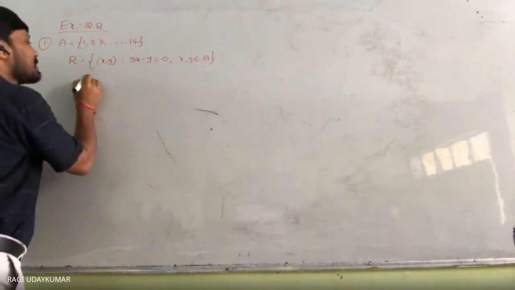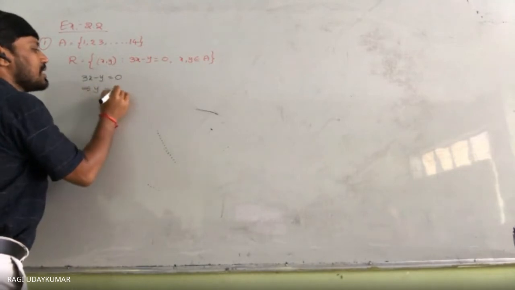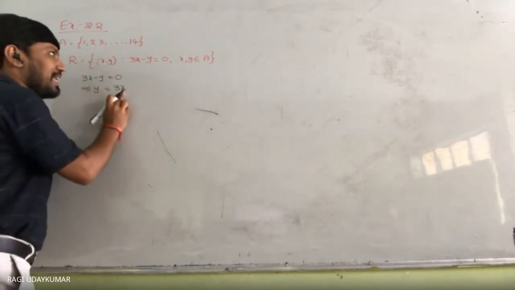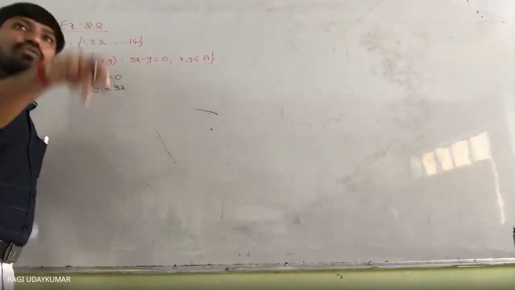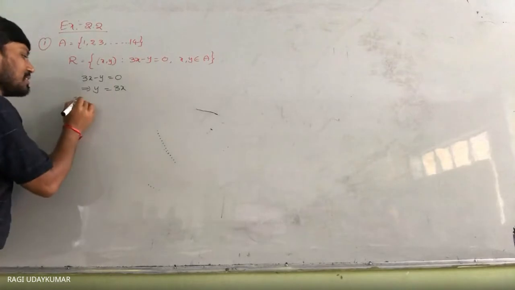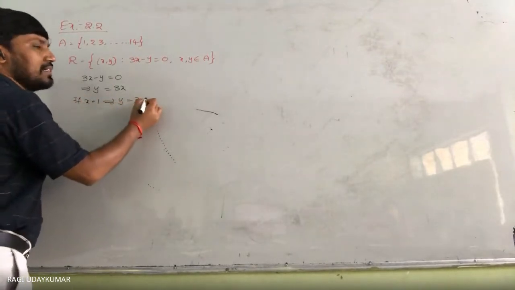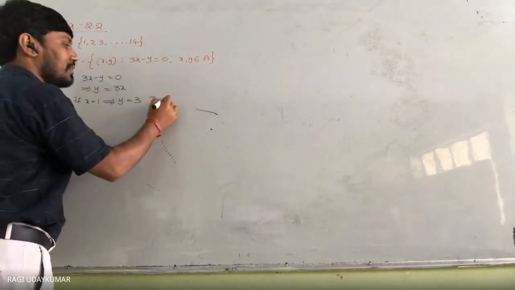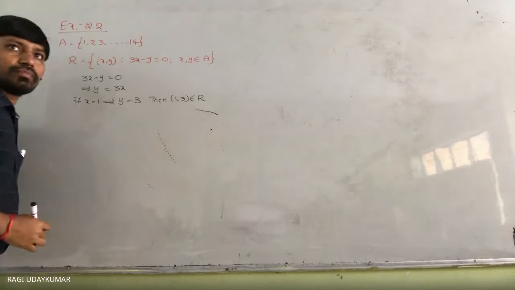So 3x minus y is equal to 0 implies y is equal to 3x. X can be taken from 1 to 14, any numbers. Y also we should get from 1 to 14. It should not go beyond 14. So if x is equal to 1, y is equal to 3. Then (1, 3) belongs to the relation.